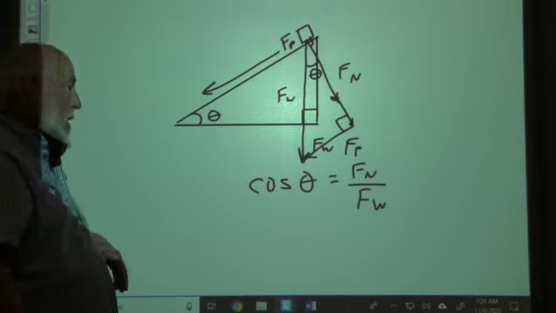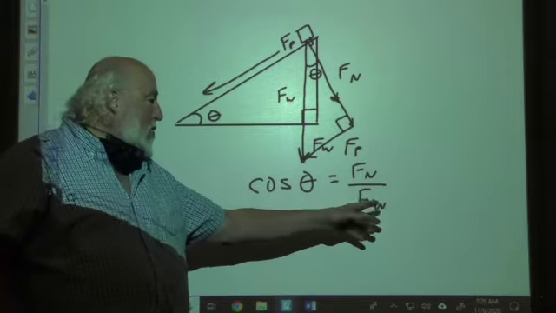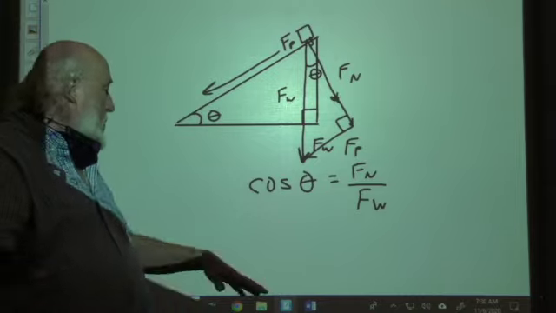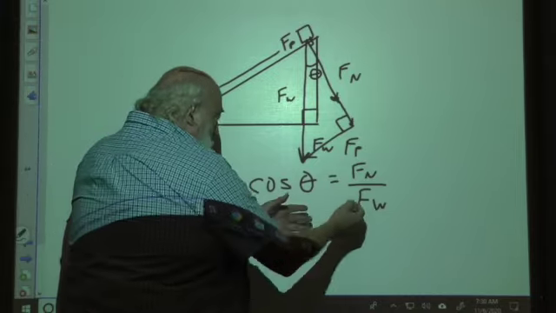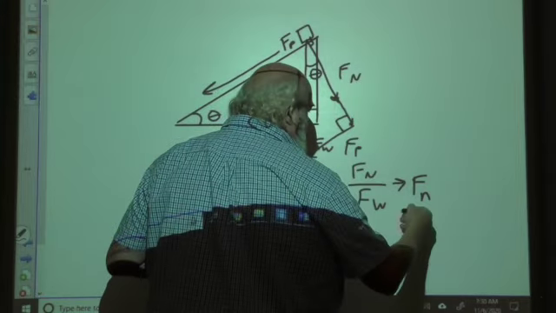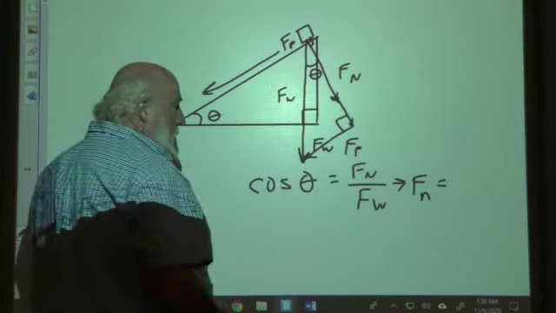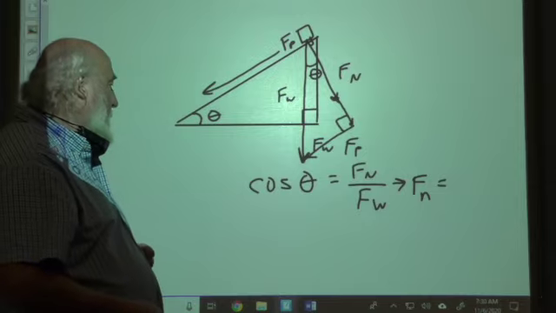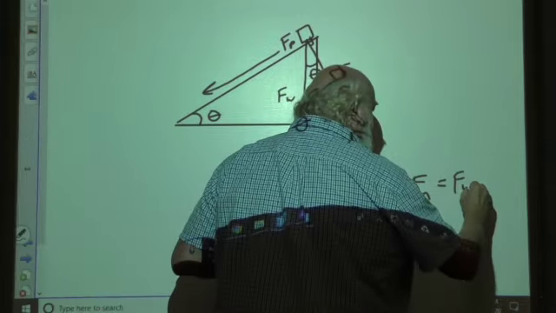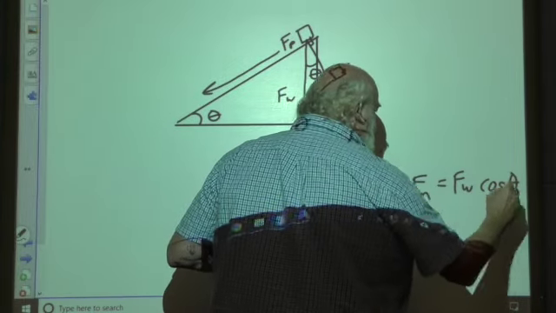And then we can use our algebraic skills to get Fn by itself, because we're going to very easily find the weight simply by taking m times g. And so multiply this by Fw, and this means that Fn, I'll use lowercase n, because that's what I did in my script, is going to be equal to Fw times the cosine of theta.